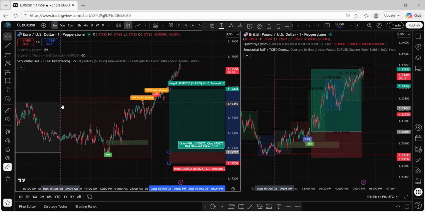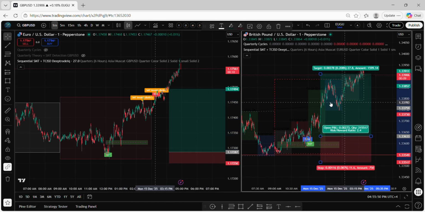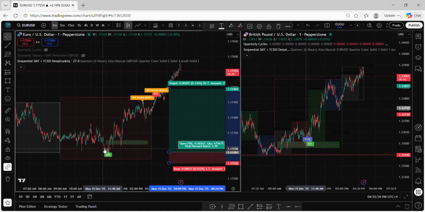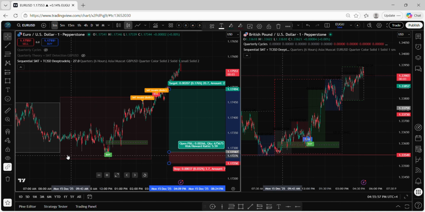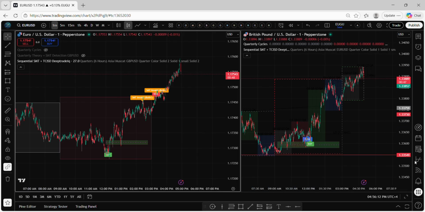So Q2 first makes an SMT with Q1 along with GBP USD. Let me remove this one, because this was today's trade on this signal, when Q2 and Q1 make a bullish sequential SMT, and after our condition was met, I took this trade, even though I didn't get anything because when coming back it hit my break even.